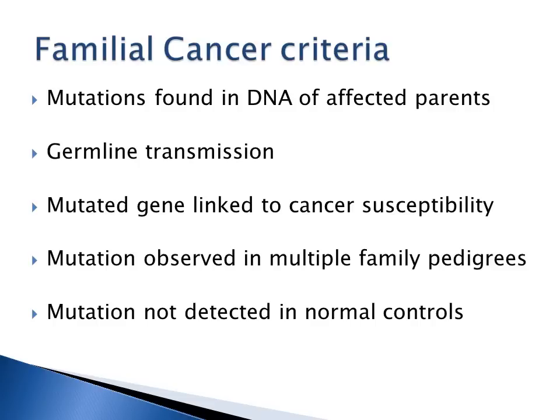You want to see germline transmission, a germline mutation that's passed down from generation to generation. You can identify the mutation in the gene and link that to being at higher risk for getting that cancer. You're going to see that same mutation in multiple family pedigrees, multiple generations, and you're not going to see that mutation in normal, healthy controls.